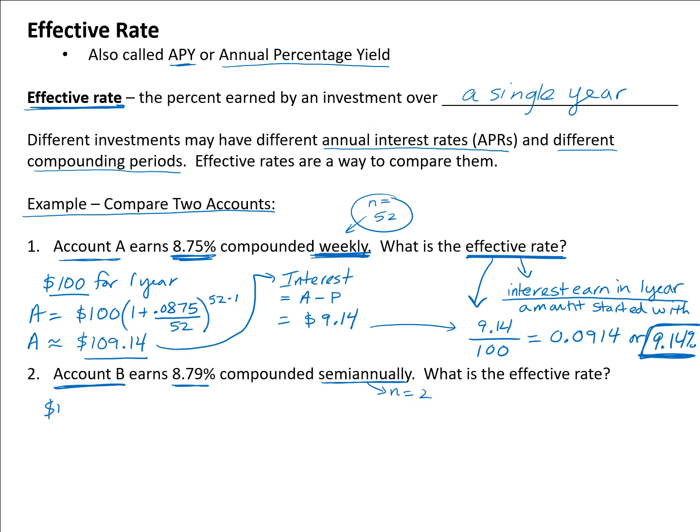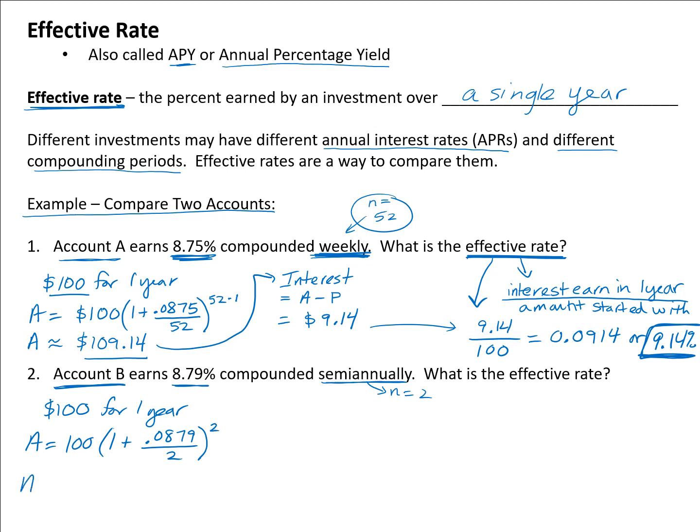Again, let's use a general $100 that we invest for 1 year. A is equal to 100 times 1 plus, we have a slightly higher interest rate, 0.0879 for 8.79%, but we only have 2 compoundings per year, so we divide by 2 and then raise that to an exponent of 2 times 1, or just 2.